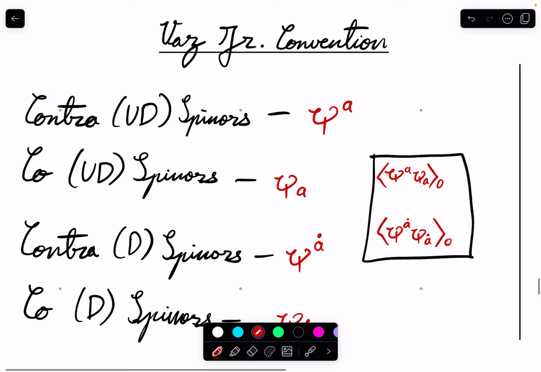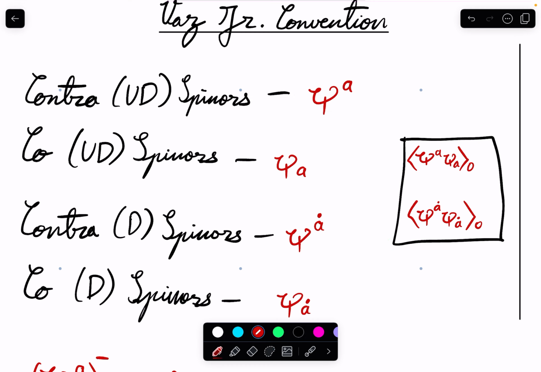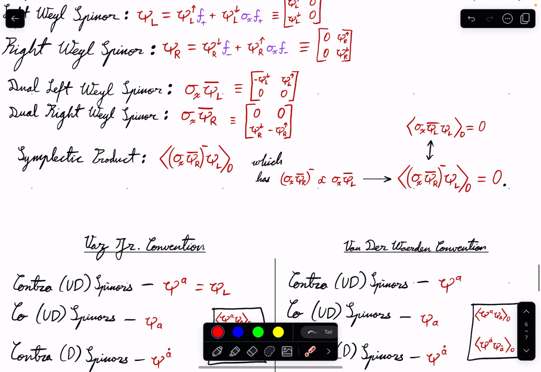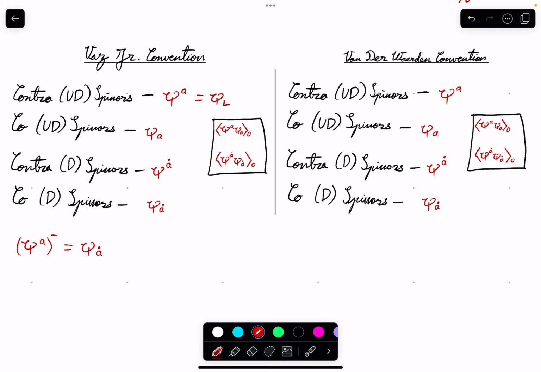But before, in this formalism, man, I'm really not doing the best job of explaining this. Luckily, you can pause and do other things, and I also have a write-up for this. This is where the definition is made in this convention. They define the spin up with this right here. But in the van der Waerden convention, it's actually right here, because this right here is defined as the right.